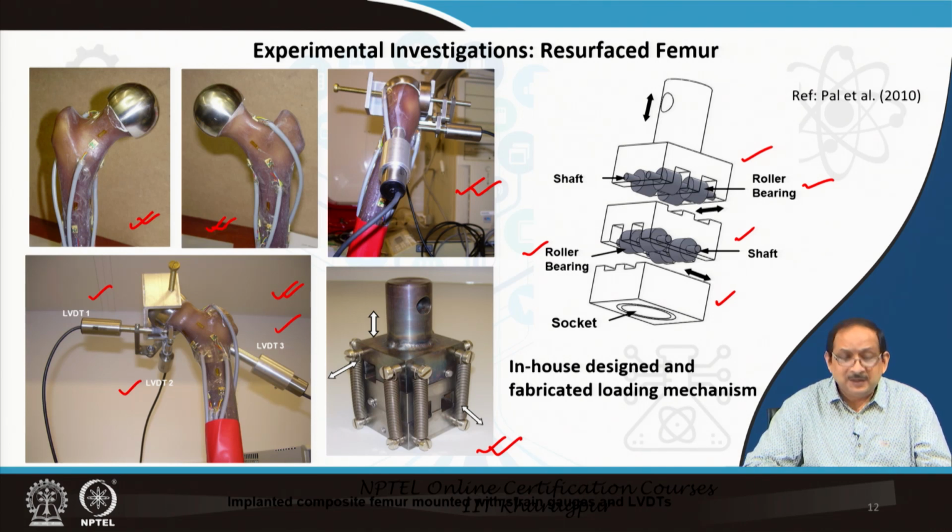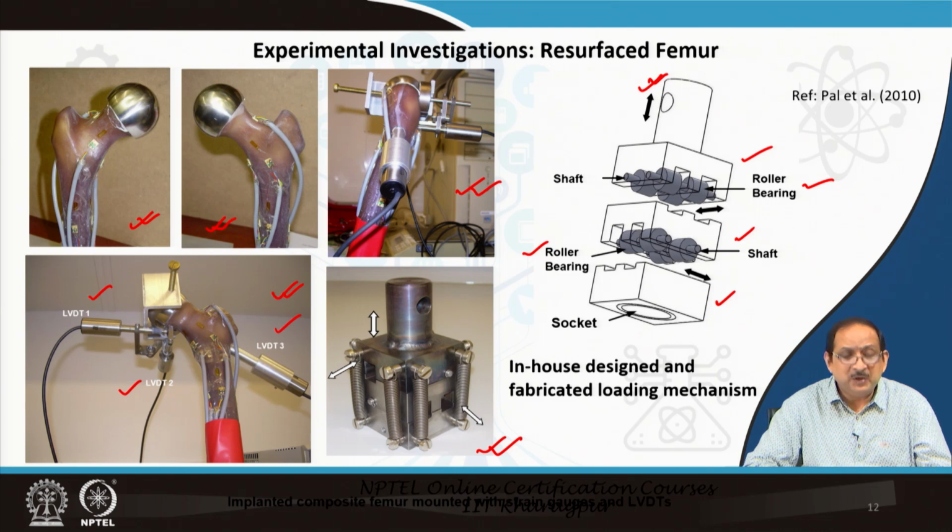So that the blocks can actually move relatively in 2 principal directions when it is compressed from the top. These crosswise roller bearings are arranged in between these 3 blocks.